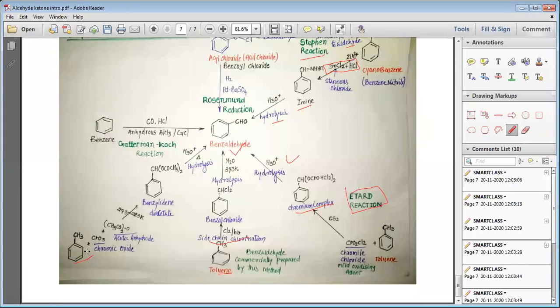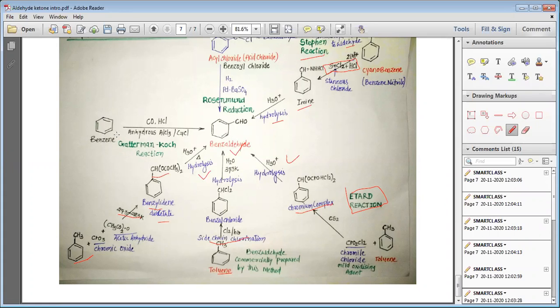Same way, in a third reaction, toluene is allowed to react with chromic oxide and acetic anhydride at 273 to 283 Kelvin temperature, so that we get the benzylidene diacetate. This benzylidene diacetate on hydrolysis gives us the benzaldehyde.